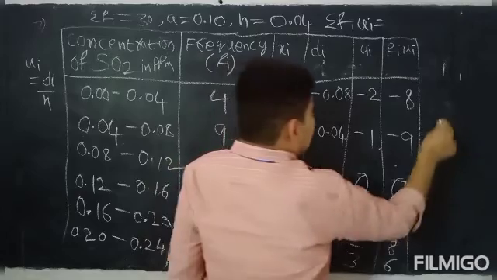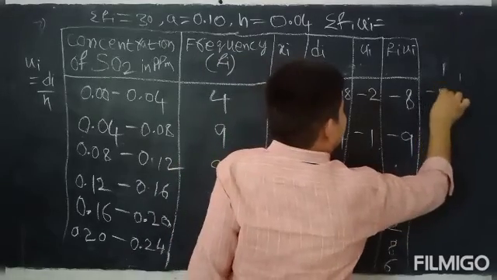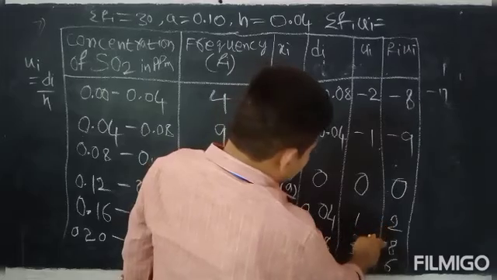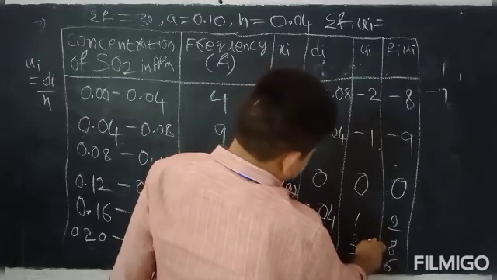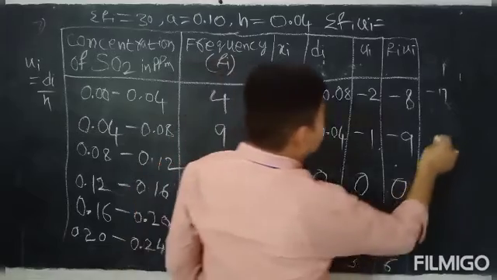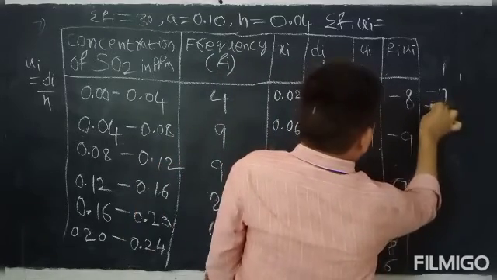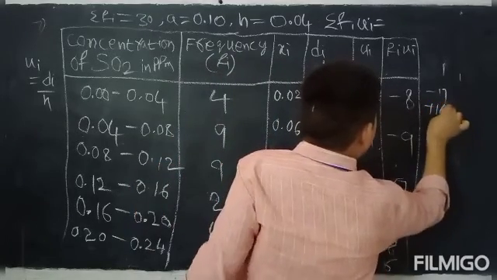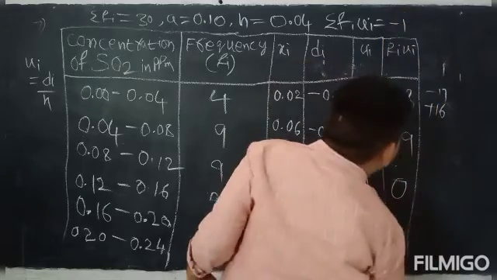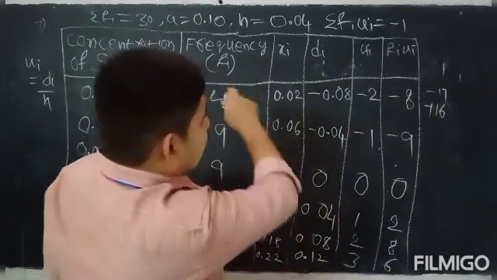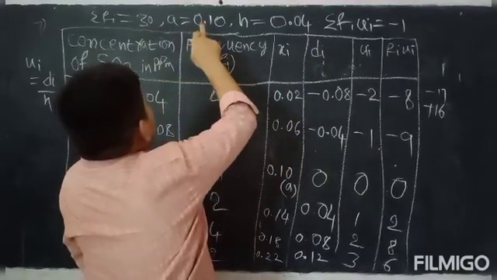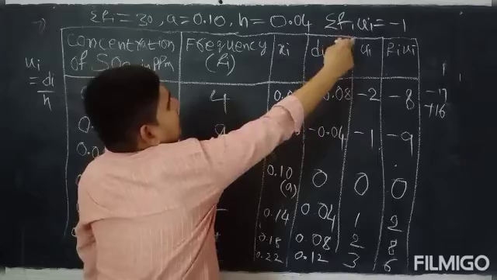So 8 plus 9, minus 17. Okay, plus 2 plus 8, 10. 10 plus 6, 16. 16 plus 0, 0. So plus 16. Okay, minus 17 plus 16, minus 1. Okay, these are the values of Fi, sigma Fi, A, H and sigma Fi Ui.